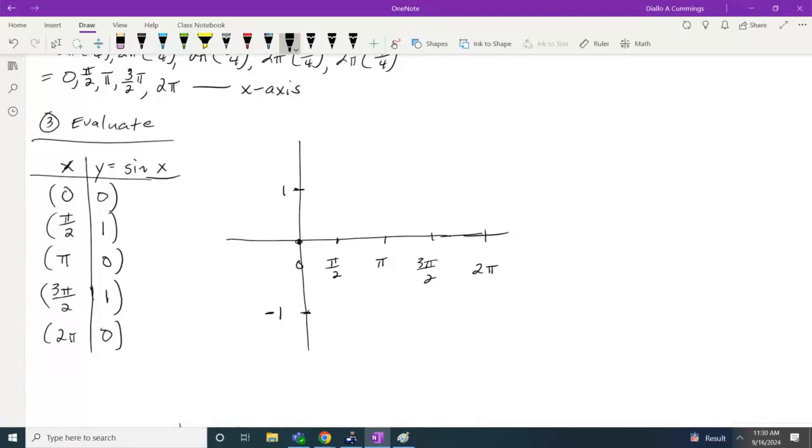So now I'm just going to plot the ordered pair of points. So my first ordered pair is 0, 0, so that's at the origin, which is here. My next ordered pair is pi over 2, 1. So I'm at my origin. I go over pi over 2 units to the right. I'm going to go up 1.